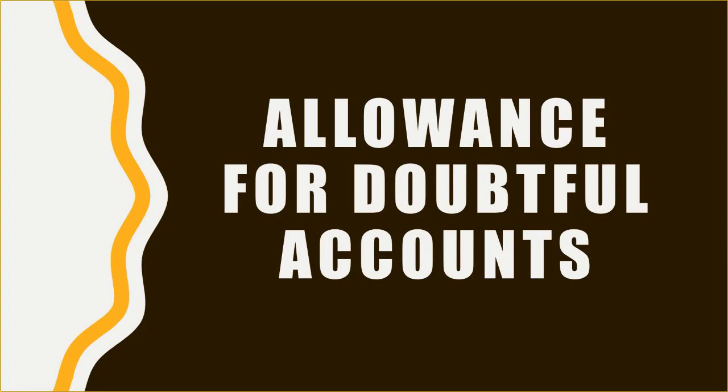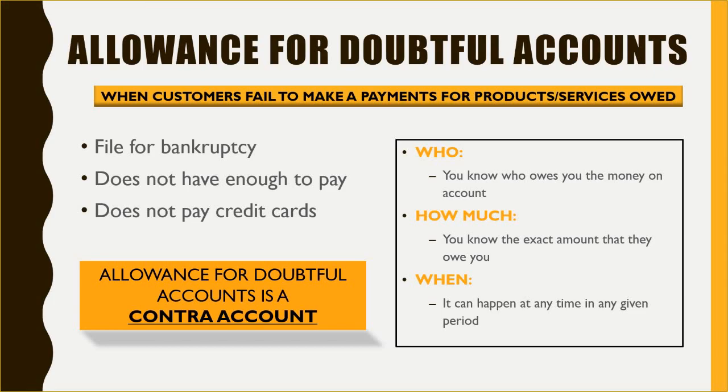Okay. So what happens when you do have those customers that do end up defaulting on the payments? We call this the allowance for doubtful accounts. So let's say you do have people owe you on an account, right? What happens when that one day arrives and they fail to make a payment?